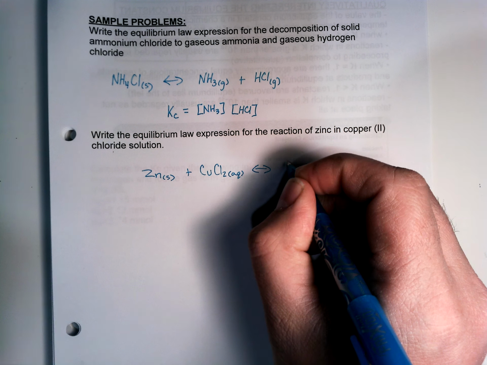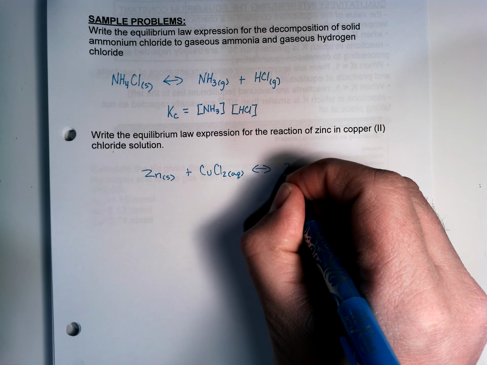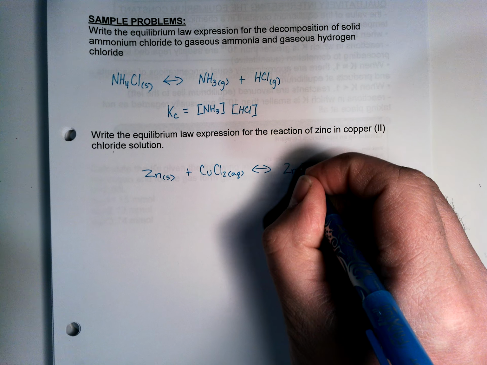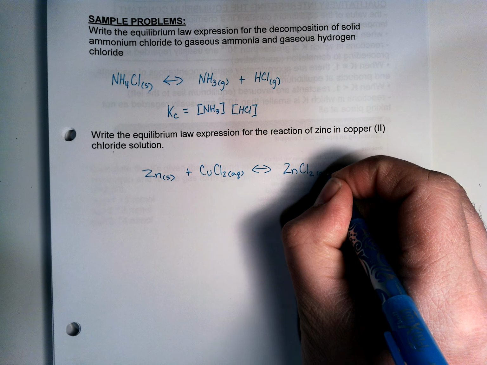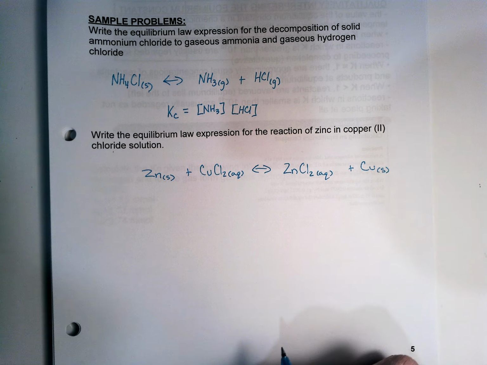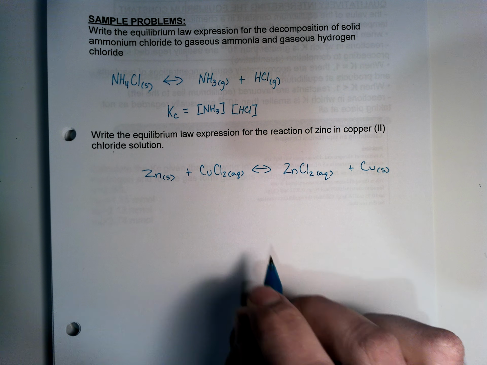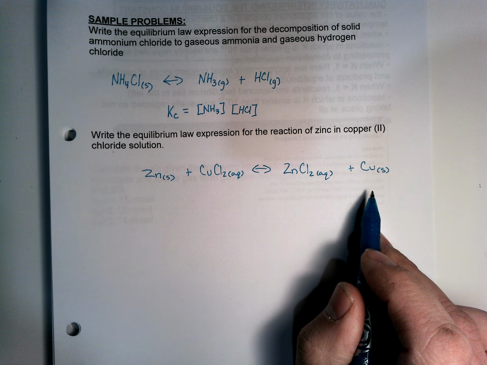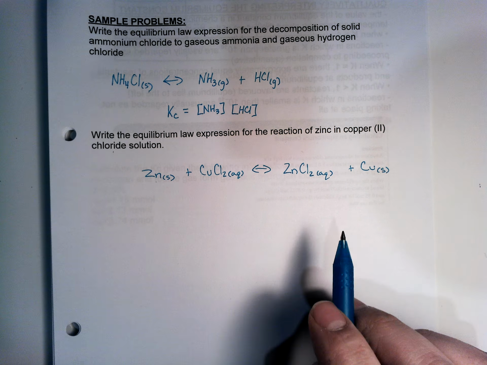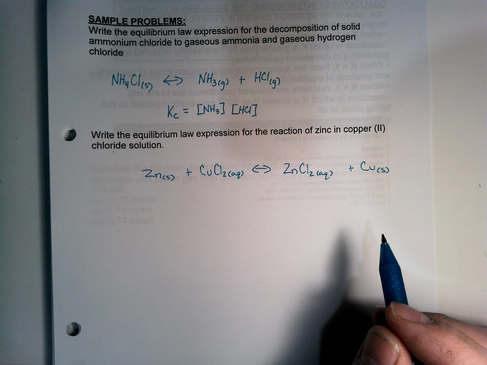In our single replacement reaction, we're going to get zinc 2 chloride and copper. Again, it's all a 1-to-1 ratio. Our zinc and copper solids, their concentrations can't change.